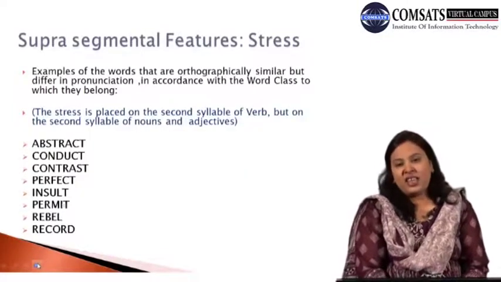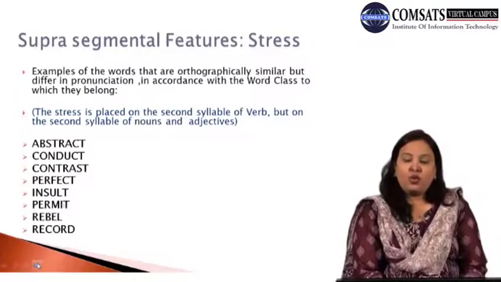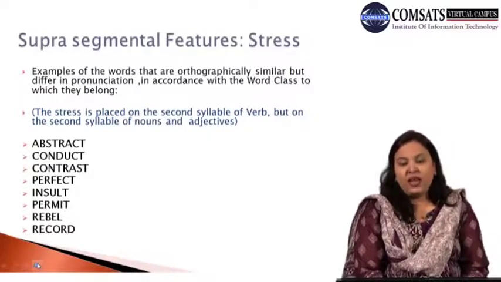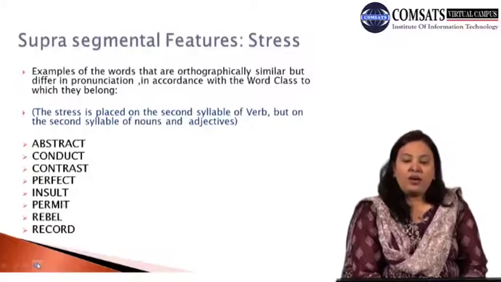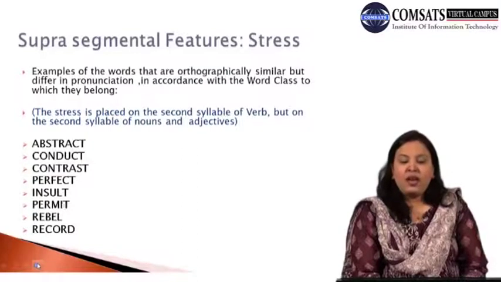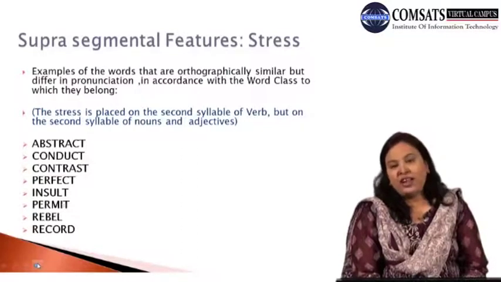Now, we have certain examples of words that are orthographically similar but differ in pronunciation in accordance with the word class to which they belong. In all these words, the stress is placed on the second syllable of verbs, but on the first syllable of nouns and adjectives.